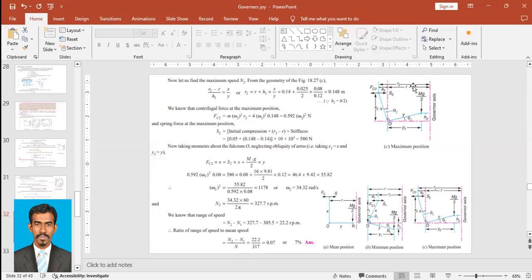So A2 can be written as R2 minus R. R2 we have found 0.148 meter, R was given in the question as 0.14, so which will be 0.08.